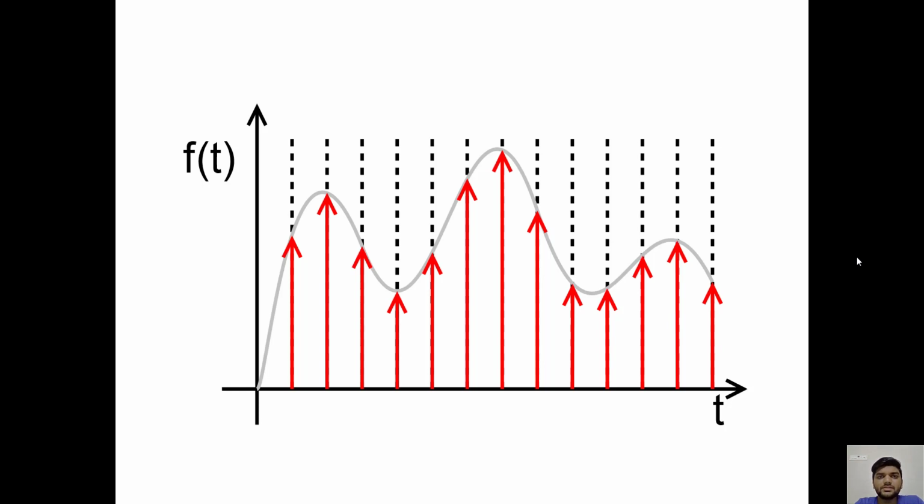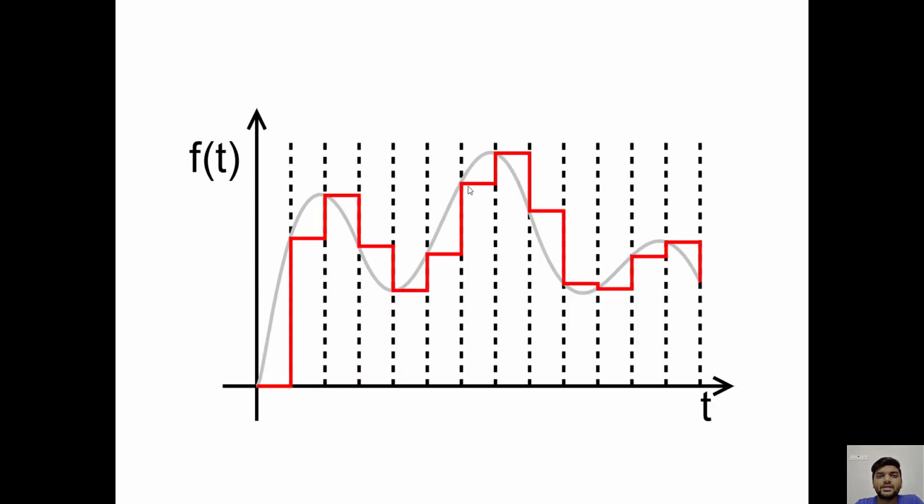Now, as you can see in the diagram, this is an analog signal and the red dots are indicating the sampling being done. When sampling is done, we have small points such as this one, this one, and so on.